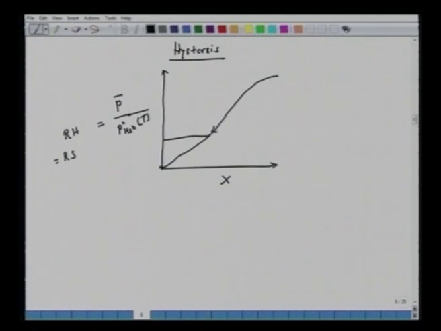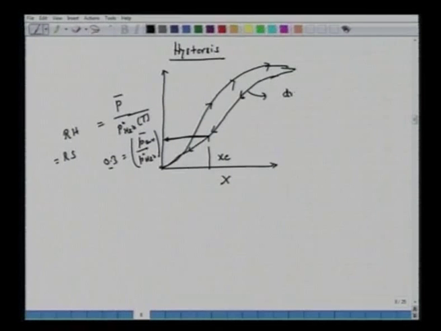Of course it will stop when you reach the equilibrium concentration Xe, given this quality of air, P bar over P0, let's say 0.3. So when we dry, we go like this, and when we want to wet, we have a different path like this. So this is all about hysteresis: one path for drying, where moisture content decreases, and one path for wetting.